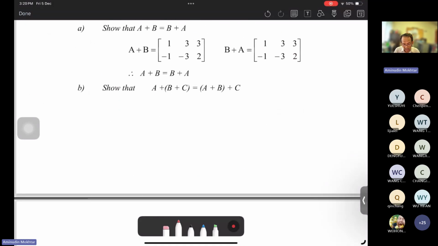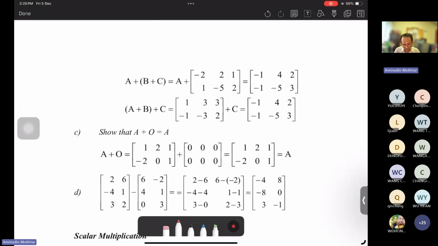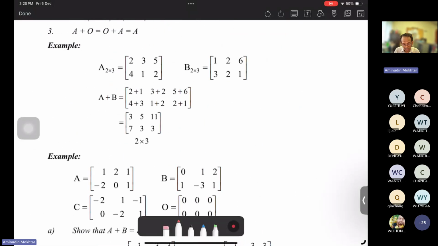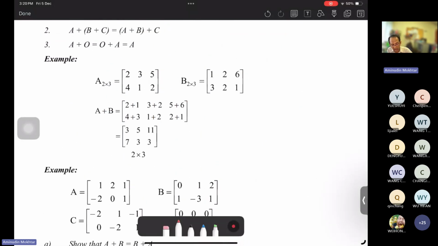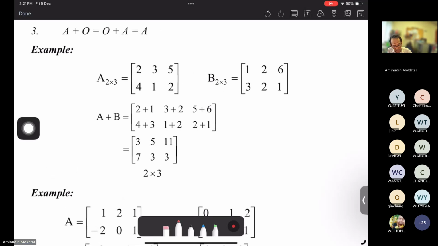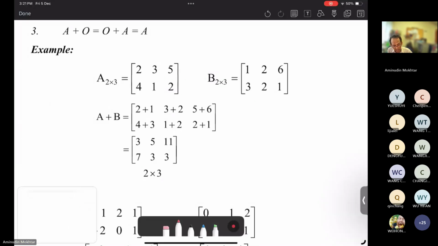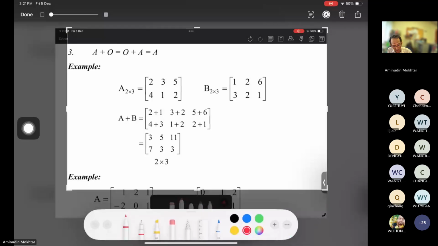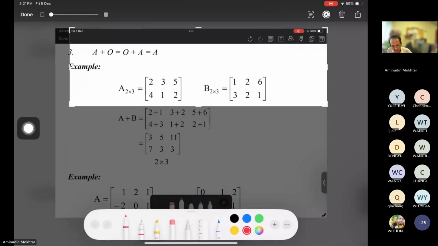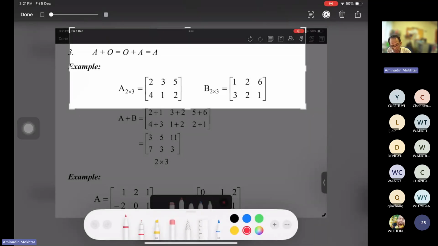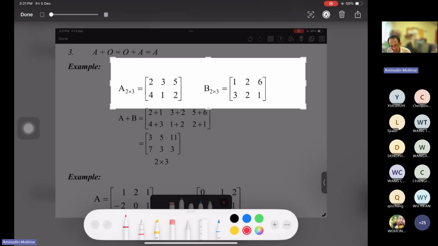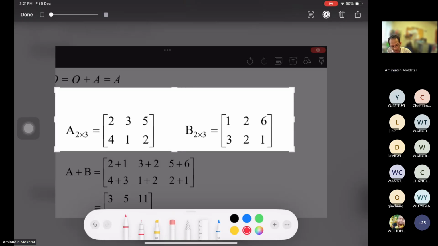Okay, let's say I will choose these two matrices. I would like to copy this matrix. Please refer to the note.